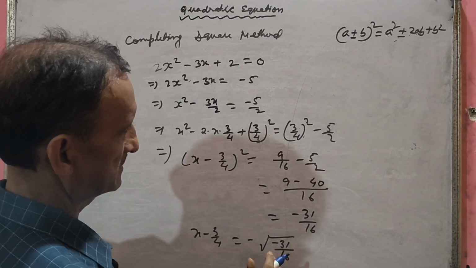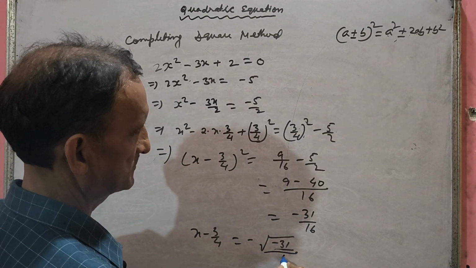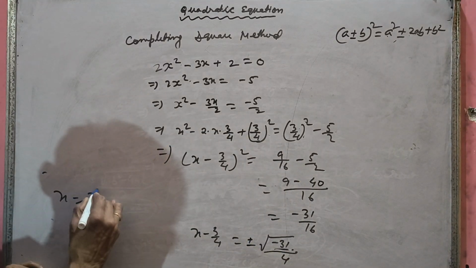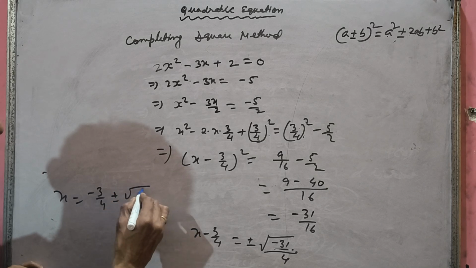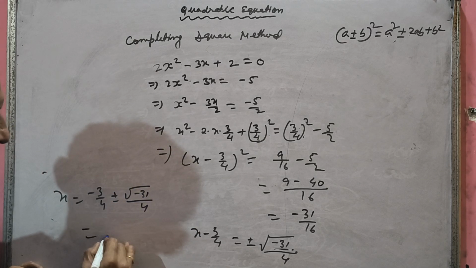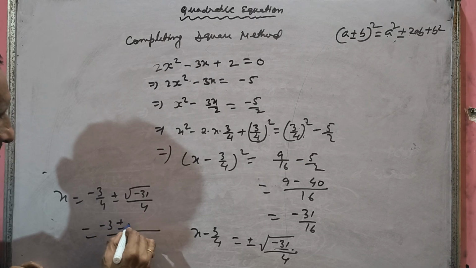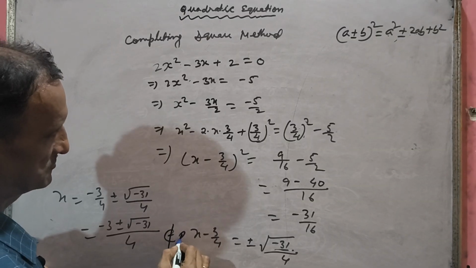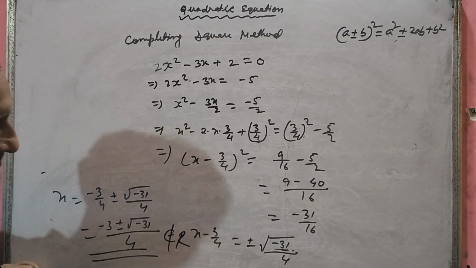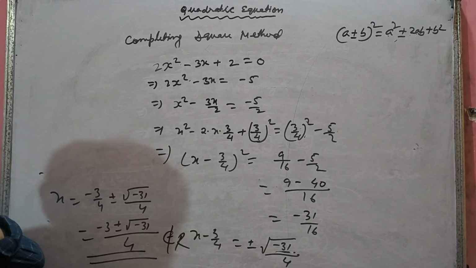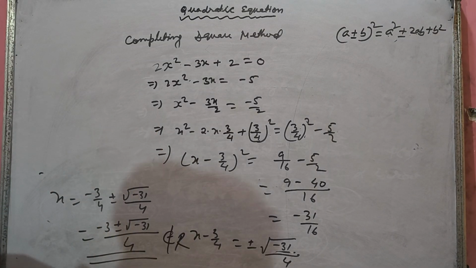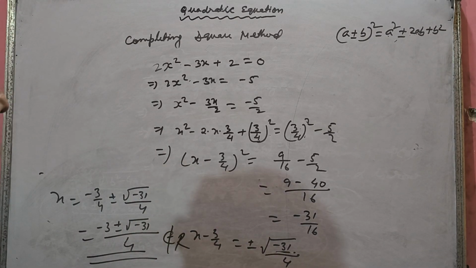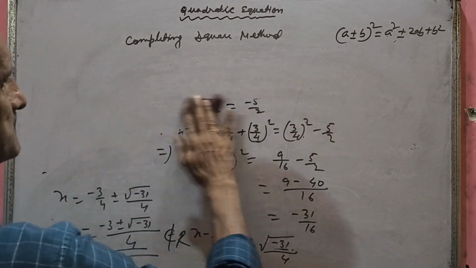Taking the square root, you have to write 4 followed by plus minus. So what you will get, x equal to minus 3 by 4 plus minus root minus 31 by 4. Then 4 is the LCM, minus 3 plus minus. So this is not a real root, it does not belong to R, so you can write there is no real root here, but it is an imaginary root. So this way it can be done. This is just an example I had given you. So this is the completing square method, it can be done like this.